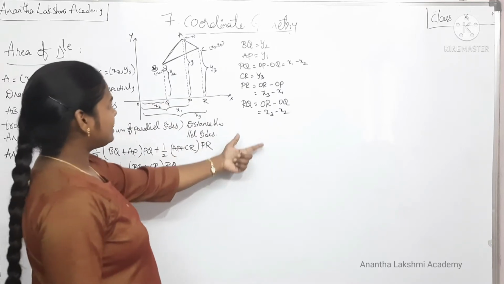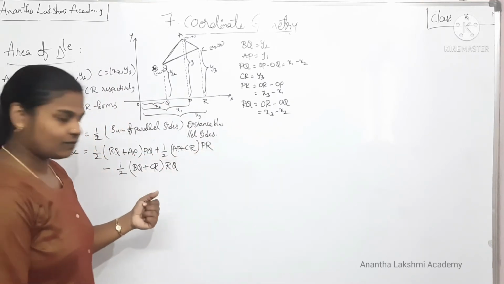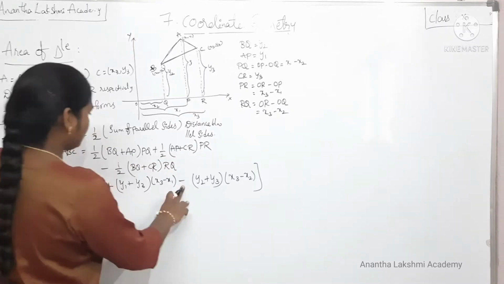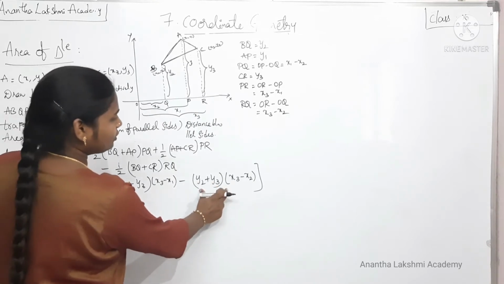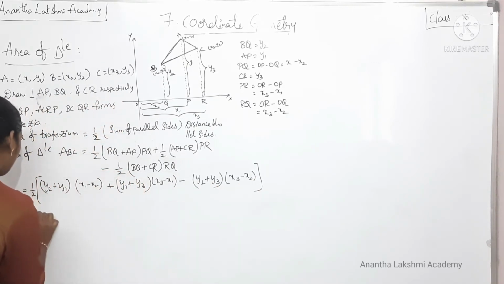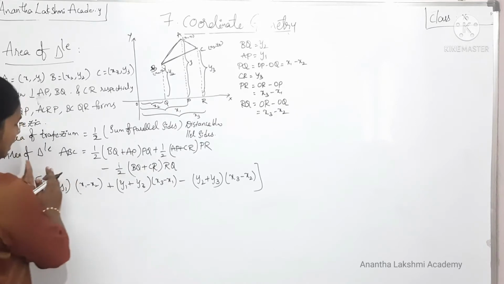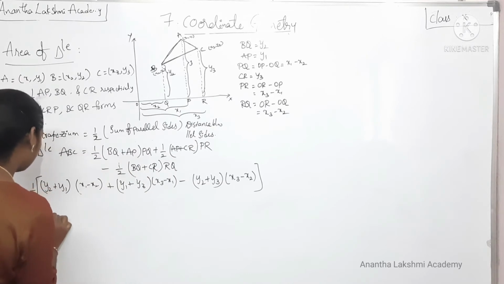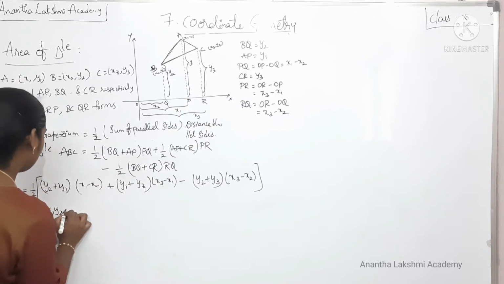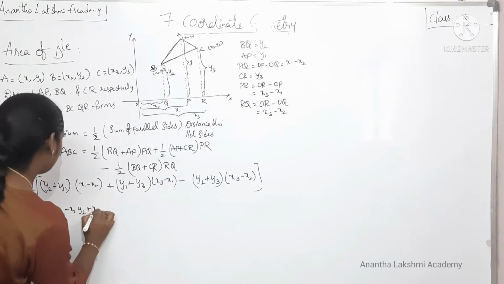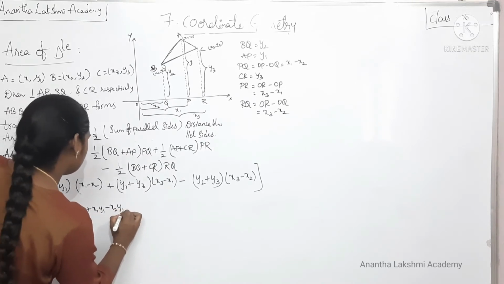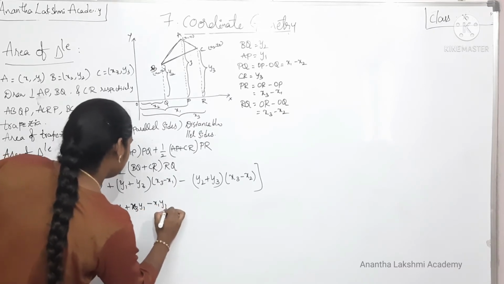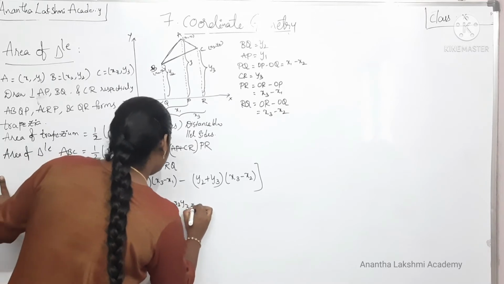Okay, now let us replace the values in the formula. In all the three terms, half is common, so I am just taking that out. So this is minus y2 plus y3 into x3 minus x2. Upon multiplication, multiply the first term with the second term and make sure the x stands in the front. So it becomes x1 y2 minus x2 y2 plus x1 y1 minus x2 y1 plus x3 y1 minus x1 y1 plus x3 y3 minus x1 y3.